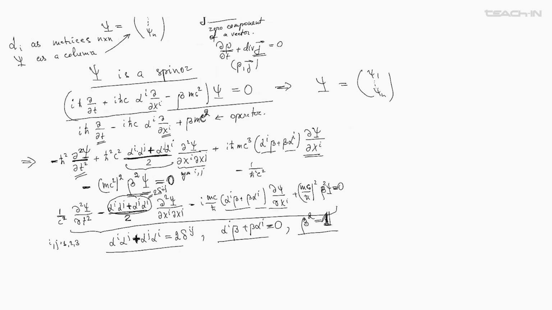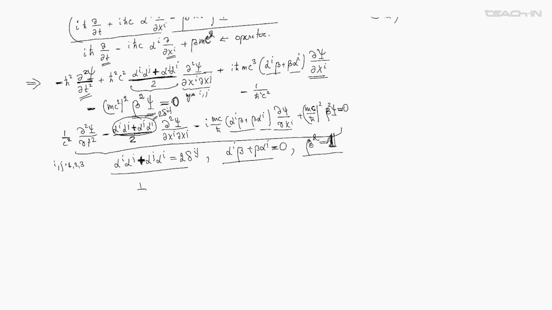You see, then for each psi, the equation you get is the following: 1 over c squared, second derivative of psi with respect to t, minus the second derivative with respect to x_i squared, plus (mc over h bar) squared, psi is equal to 0.